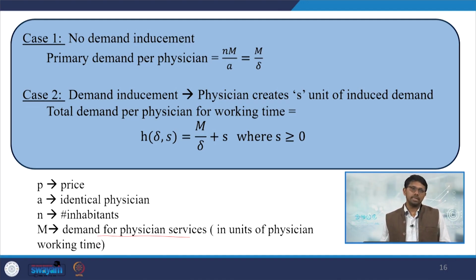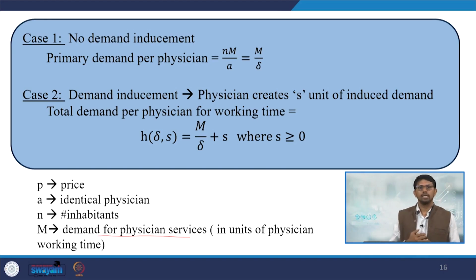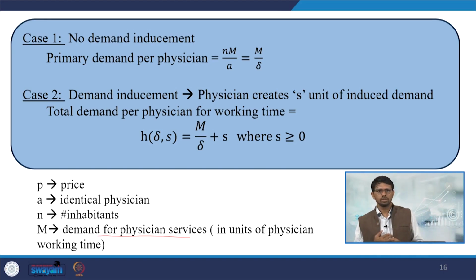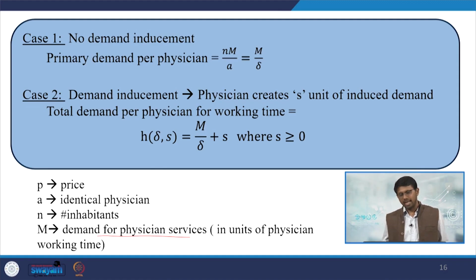When there occurs some inducement of demand through supply, we start with physicians creating certain extra supply as S units, that is indeed induced. Hence, the total demand per physician for working time will be m upon delta plus that S, which is extra registered. S has to be greater than or equal to 0, has to be positive.